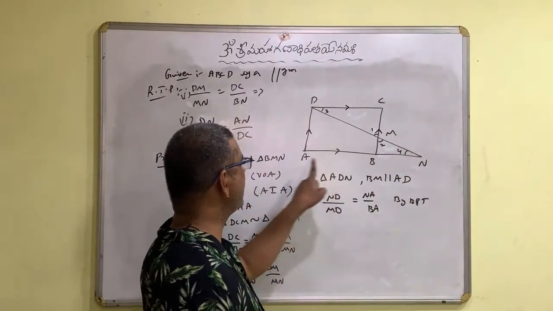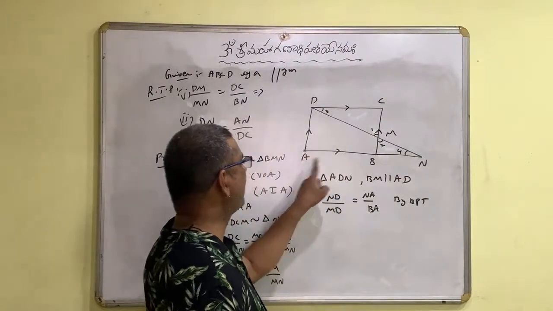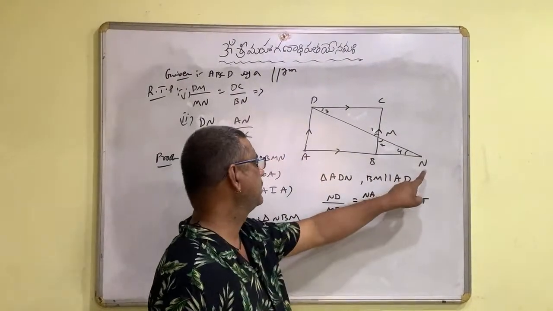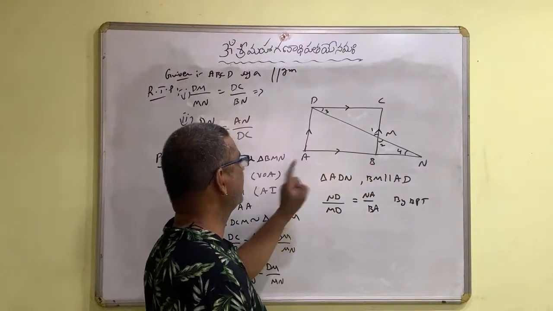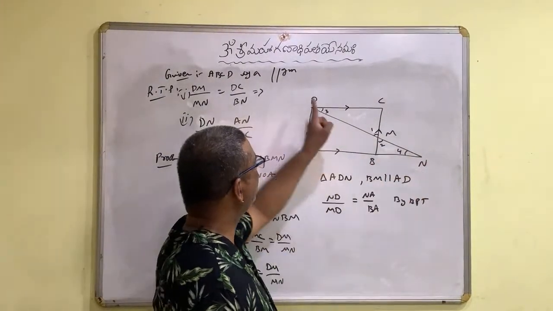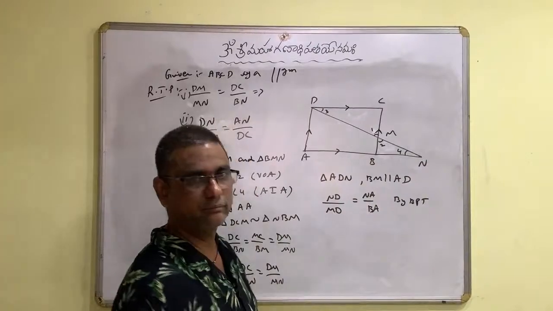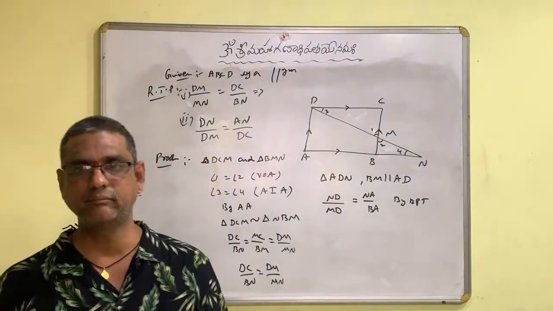NA by BA whole by part, second part. NA by BA equal to ND by MD by basic proportionality theorem.